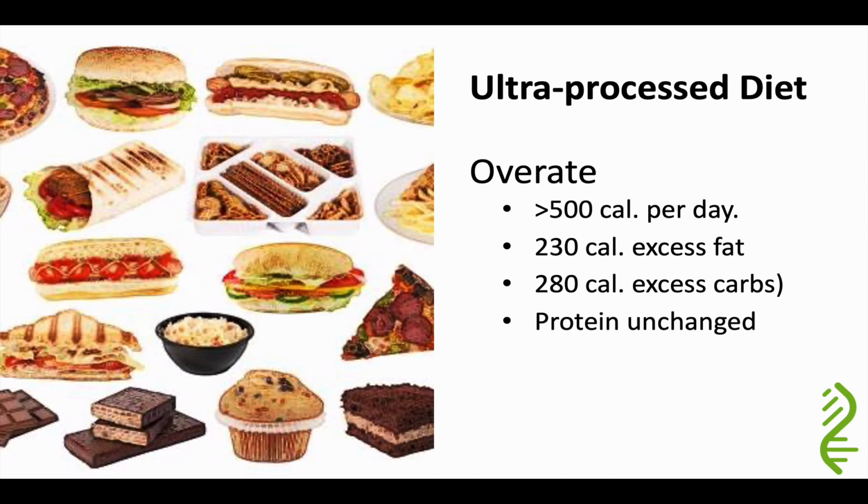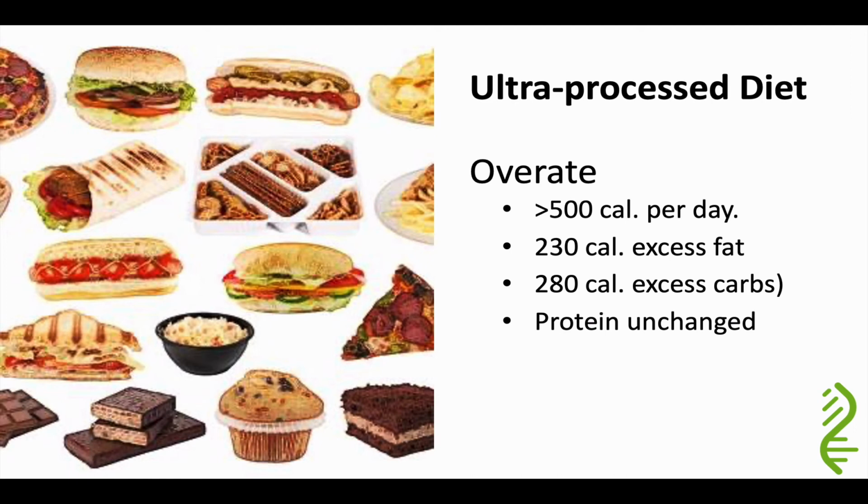Remember, these people were their own controls, so this is compared to them when they're eating the whole foods. During the time that people were eating the ultra-processed foods, they ate 500 calories per day more. If you start thinking about that, 500 calories times 7 is 3,500 calories, which is about a pound of fat in terms of storage, right?